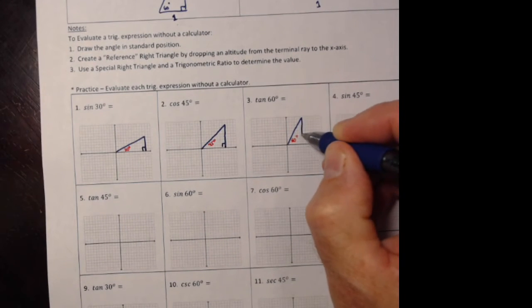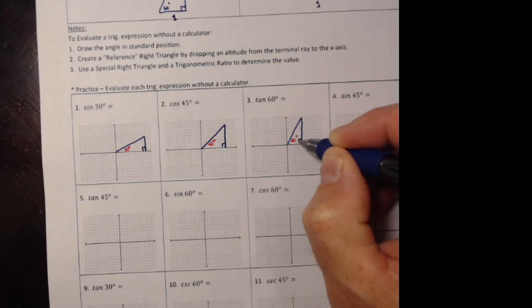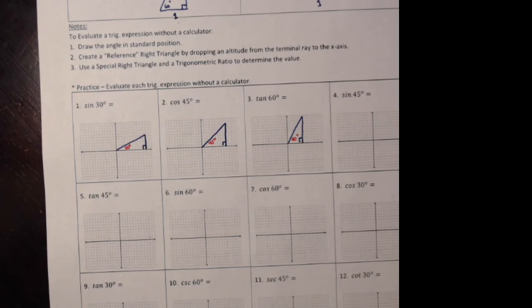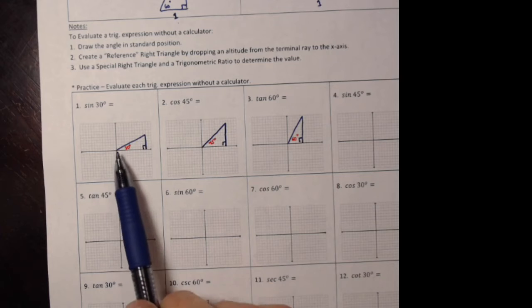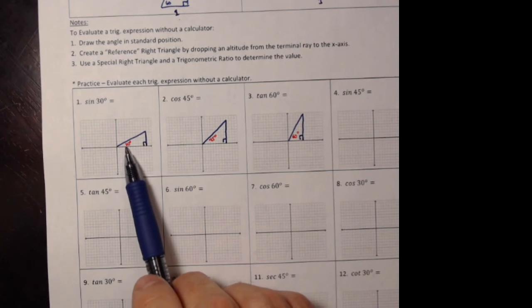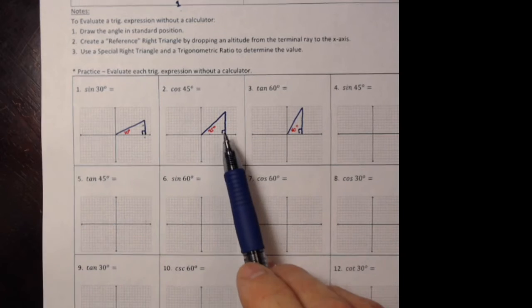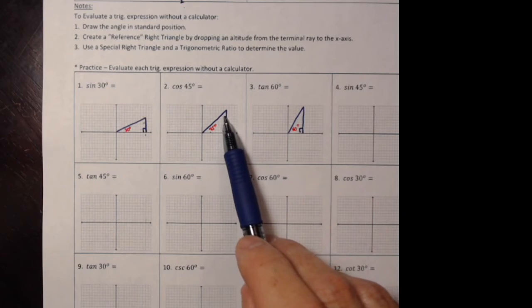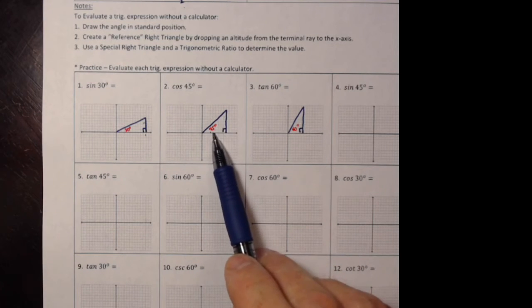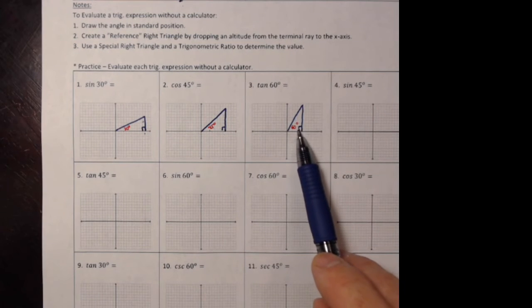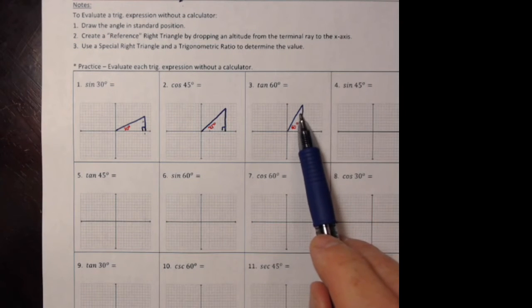Okay, so now we have a 30, and if that's 30 and that's 90, that has to be 60. We have a 45, 90, that has to be 45, so a 45, 45, 90. And here we have 60, 90, that has to be 30 up there.